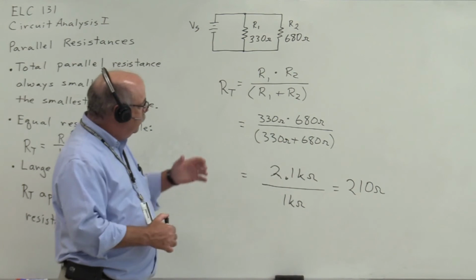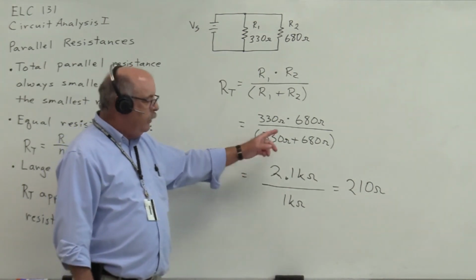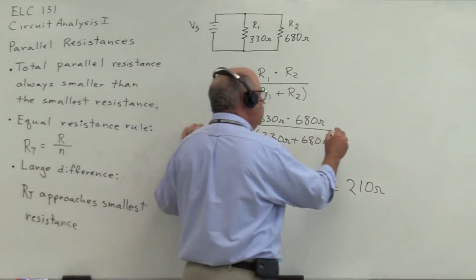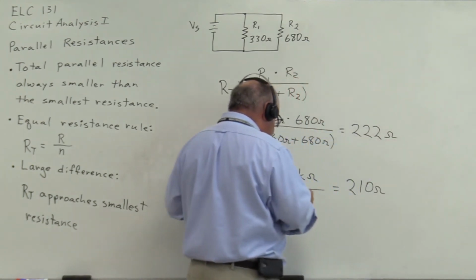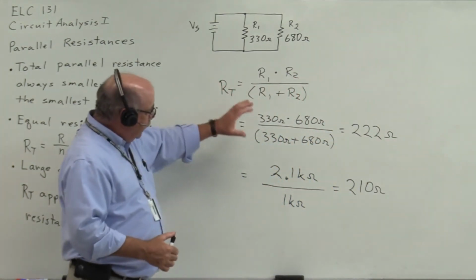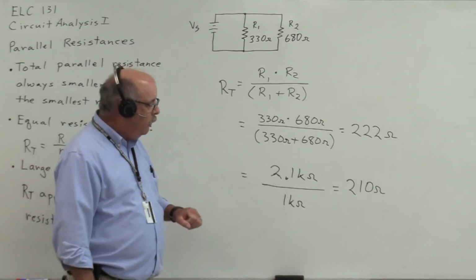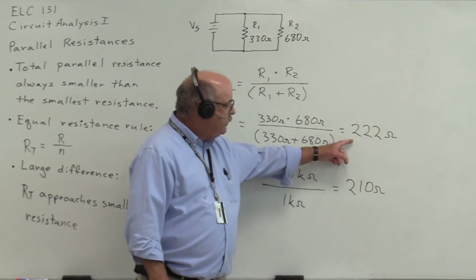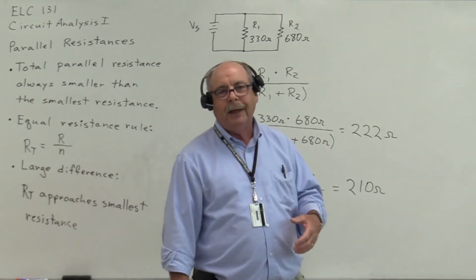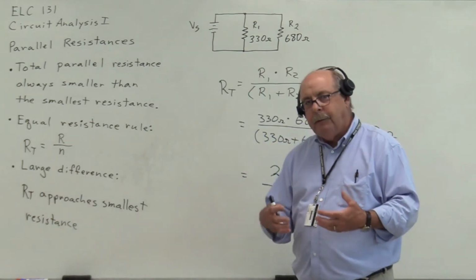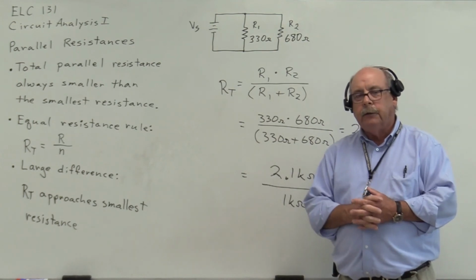Now, if we were to perform the calculations, 330 times 680 divided by 330 plus 680, we actually end up with 222 ohms. However, by coming up with an approximate value, a ballpark figure, I then can say that this number, 222 ohms, makes sense, and I did not make some error or blunder when I entered these values into the calculator.